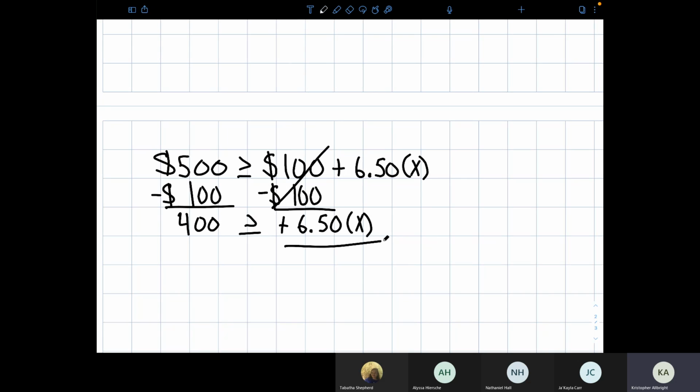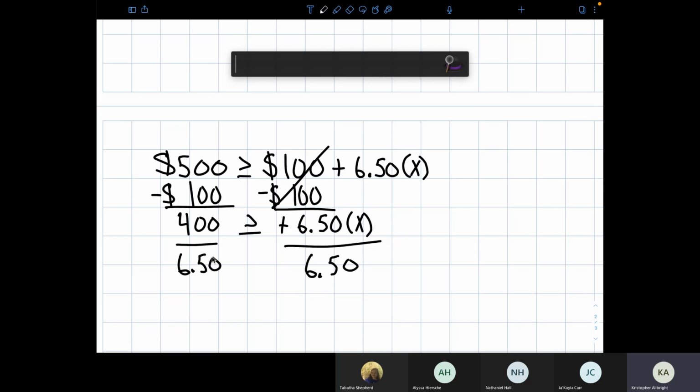So now we divide by 6.50. And we divide by 6.50. So 400 divided by 6.5 is going to give us 61.53.